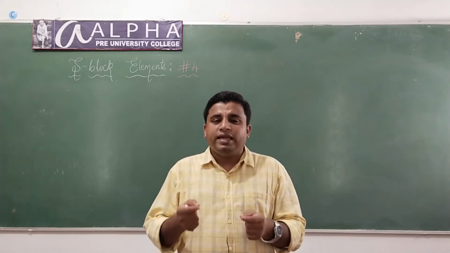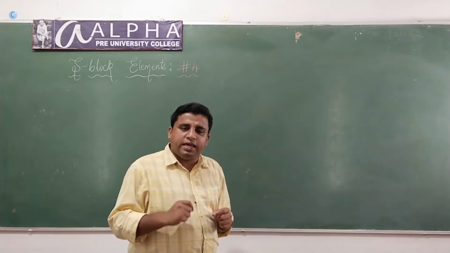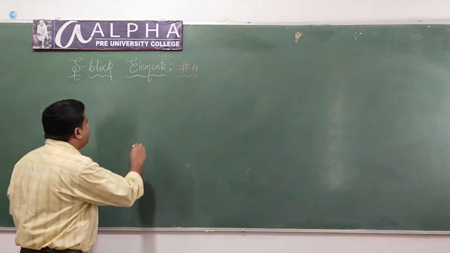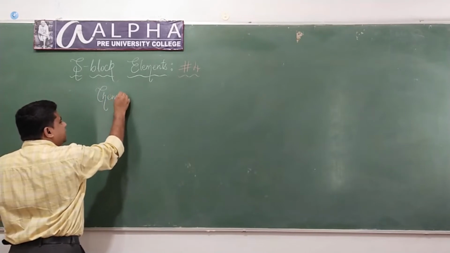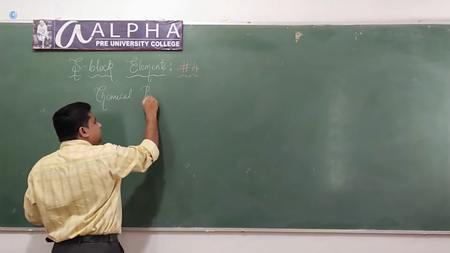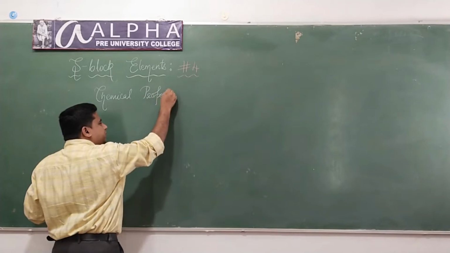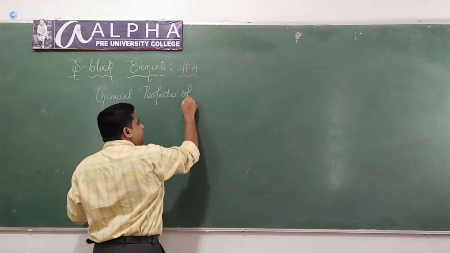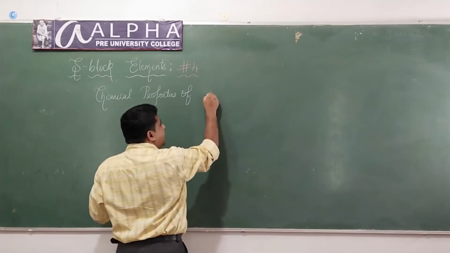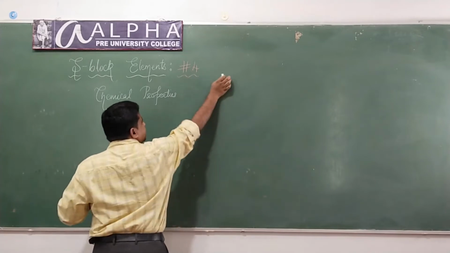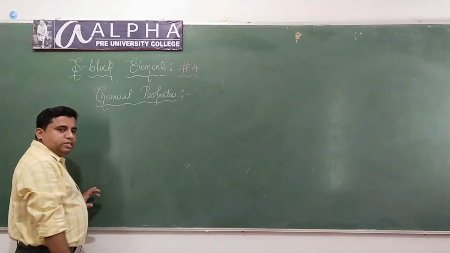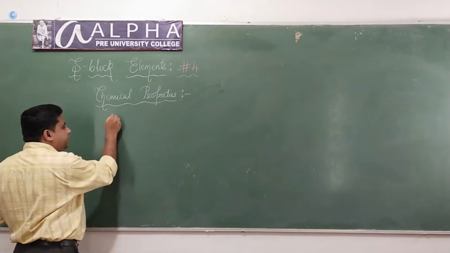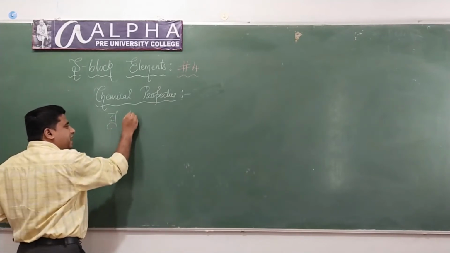So now in this video we will be speaking about the chemical properties of S block elements, or alkali and alkaline earth metals. In particular, we will speak about the first chemical property, that is their reactivity.